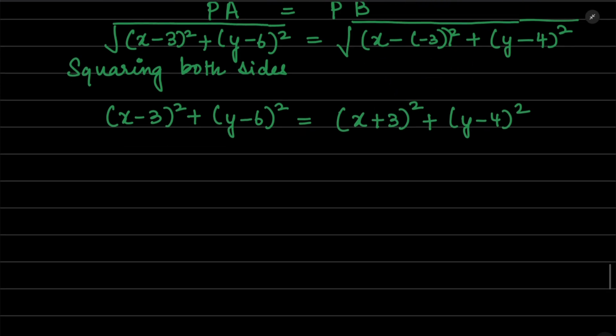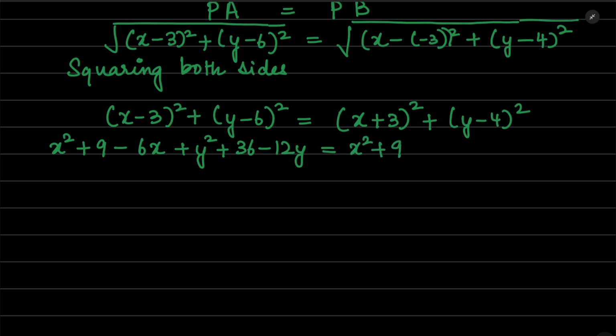Now let us expand it using the formula that we already know. What is x? a minus b the whole square, a square plus b square, 3 square 9 minus 2ab, so 6x plus y square plus 36 minus 12y equal to, as usual, x square plus 9 plus 6x plus y square plus 16 minus 8y.